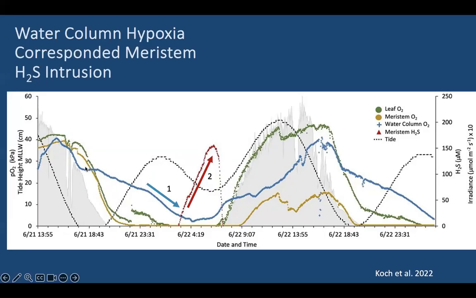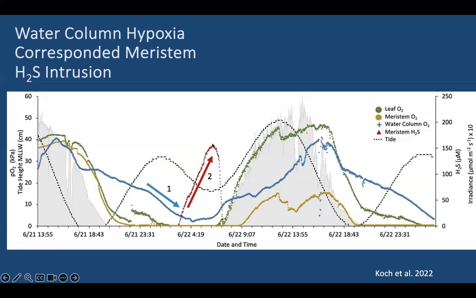Number one, this blue is water column, and you can see where we had kind of a hypoxic event in the water column. When the water column levels got really low, the leaf oxygen got really low as well, and that is when we saw sulfide coming into the meristem.